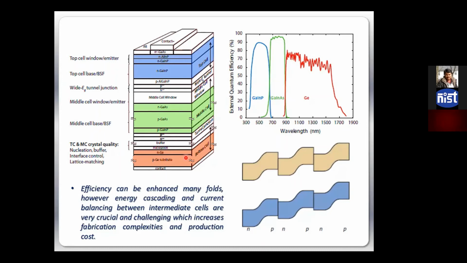That is why even if on paper it looks very promising, in the real world, to have successful and efficient tandem devices is really critical and very costly. So ultimately we are trying to minimize the cost and maximize the efficiency, but we see that we can maximize the efficiency, but not minimize the cost. The cost goes even higher, right?